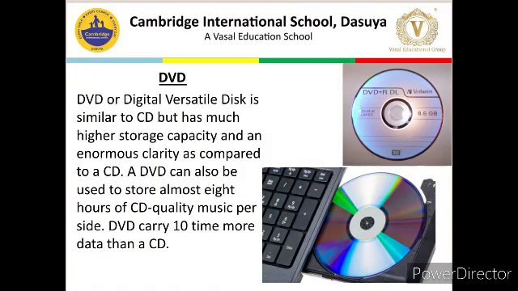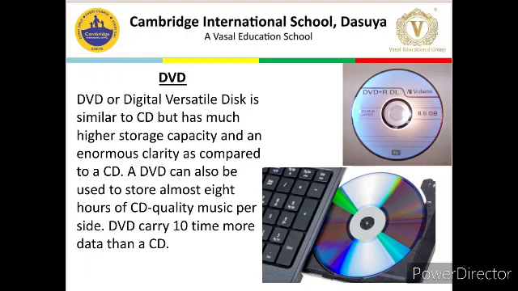Next is DVD, Digital Versatile Disc. It is similar to a CD in terms of physical dimension, but the only difference between the CD and the DVD is the storage capacity. DVD can store almost 8 hours of CD quality music per side.